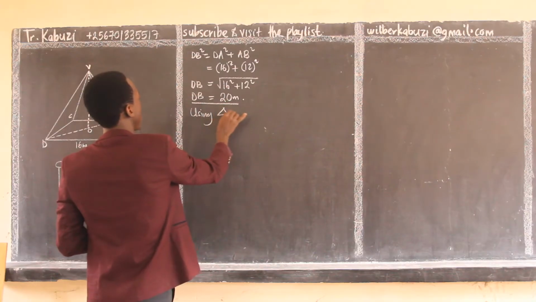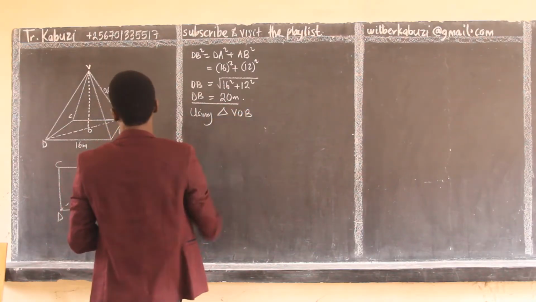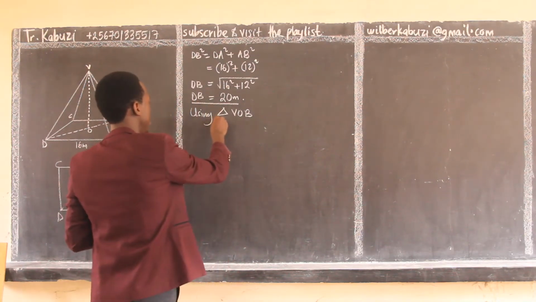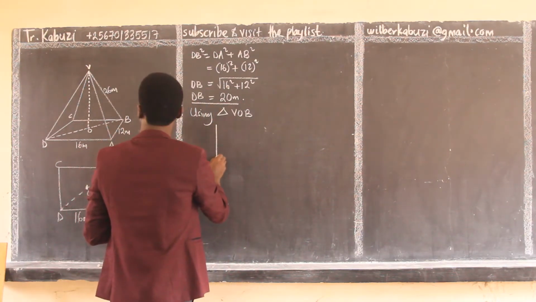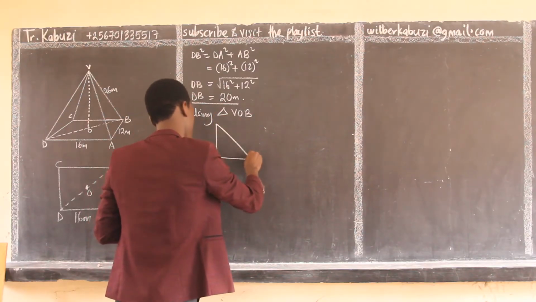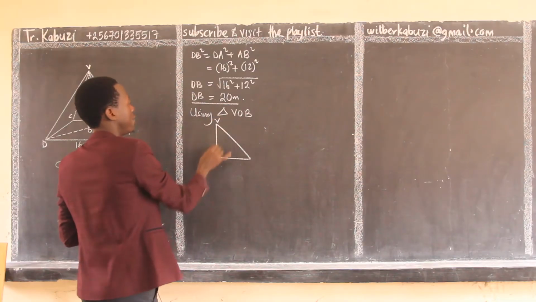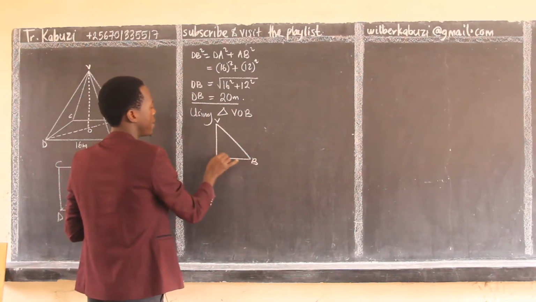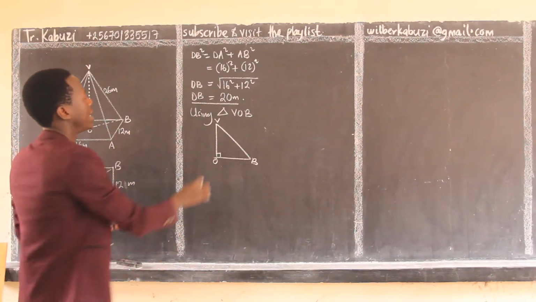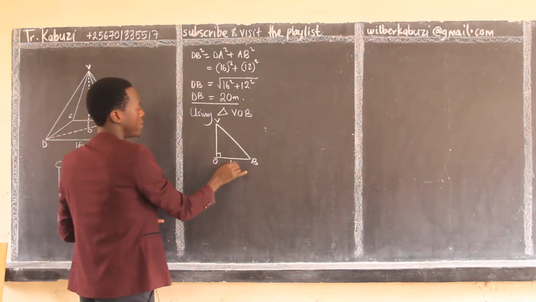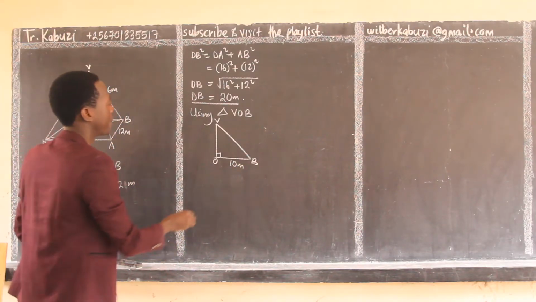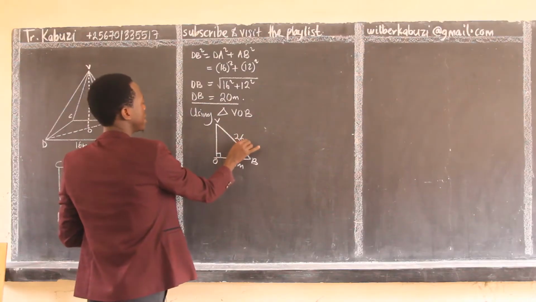Using triangle VOB, I extract out this triangle and put it here. Remember, our OB is half of dB, so this will be 10 meters. Then we have this VB as 26 meters.